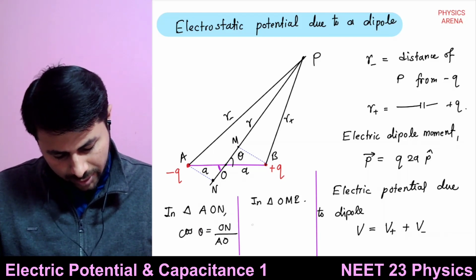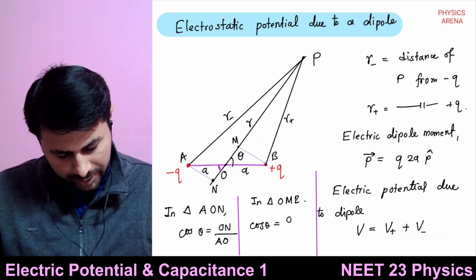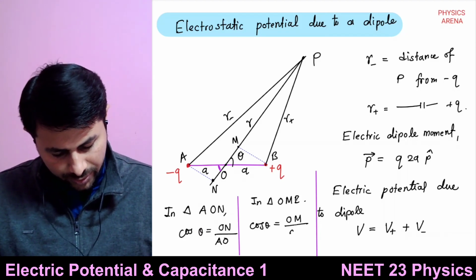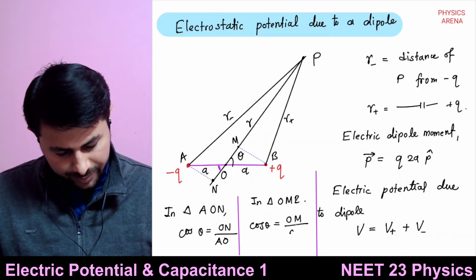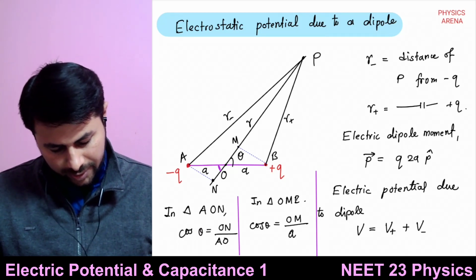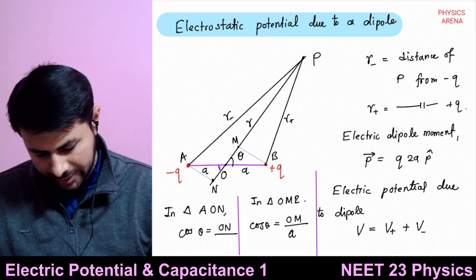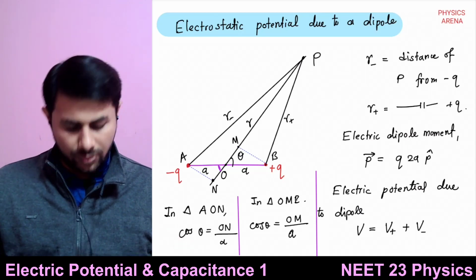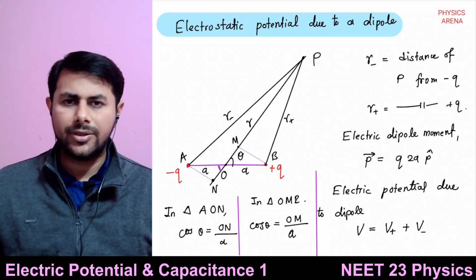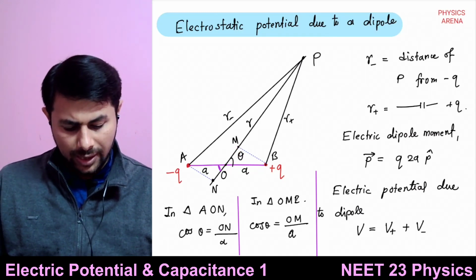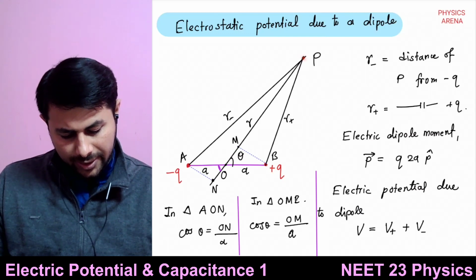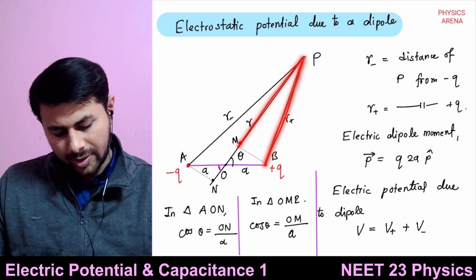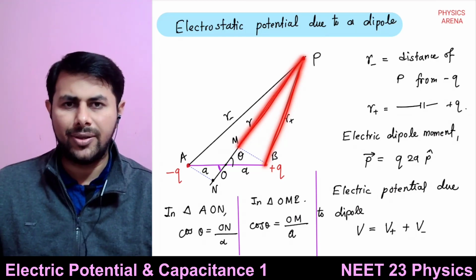So cos theta equals OM divided by hypotenuse, which is OB, or A. So OM, this distance, is also A cos theta. And you can see that this distance R plus is nearly equal to this distance, which is MP.